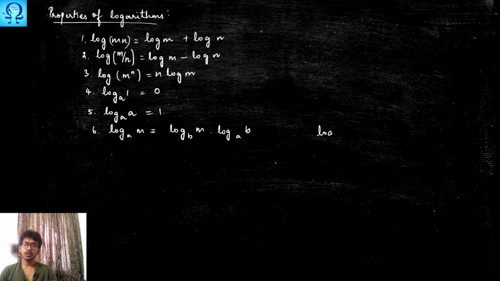You have log x to the base 10. Now you wish to convert this to log x with the base e. So in the place of b, you have e, right? So you will have log e to the base 10, since you have 10 here.